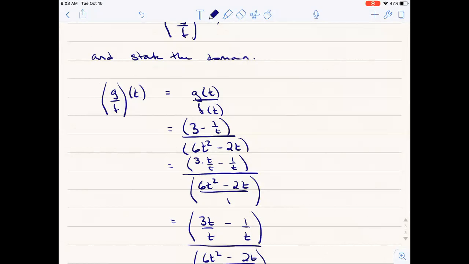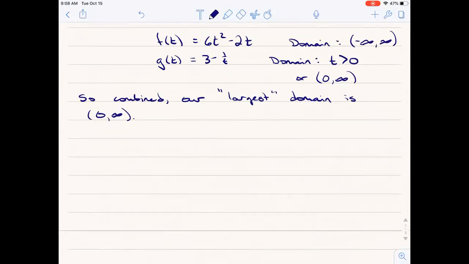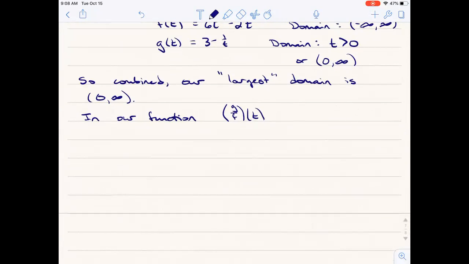And so we need to kind of look at the layers and say, in our function g over f of t, we know f of t cannot equal 0.